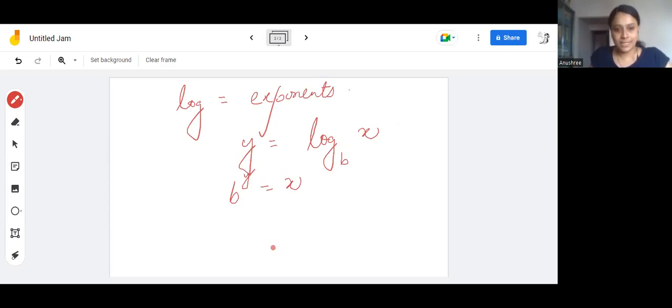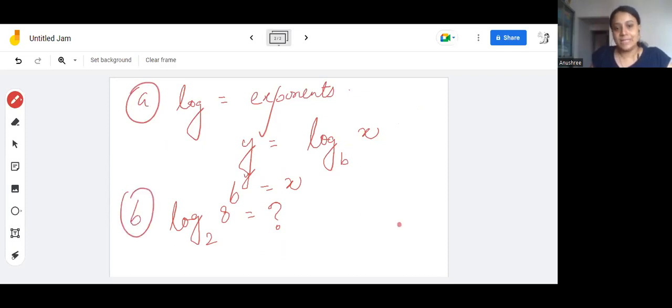Suppose I have log base 2 of 8 equals question mark. This was example number A and this was example number B. So what does this exactly mean? This question is asking us 2 to the power question mark equals 8, right?